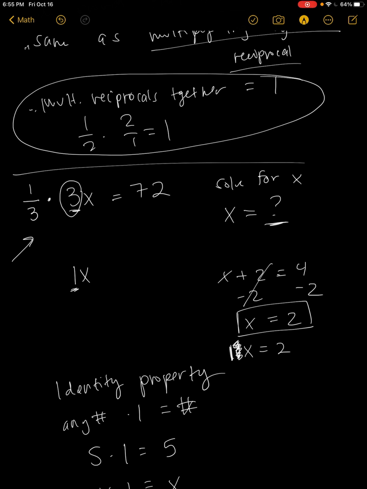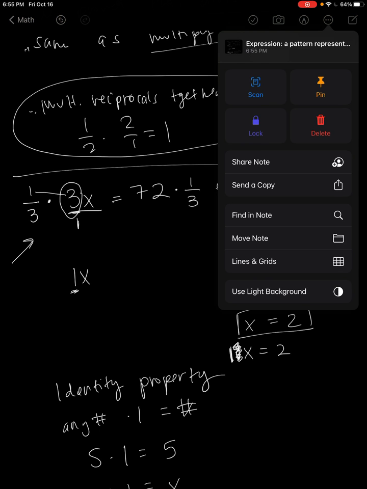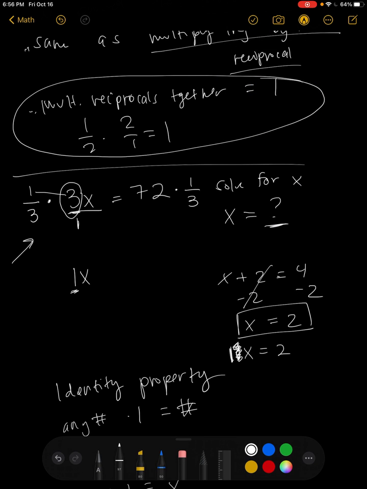So what's the reciprocal of 3? 1 over 3, right? And then if I'm going to do it to the left side, I also have to do it to the right side. Okay, and so if you think of this as over 1, we get, I want to erase this first.